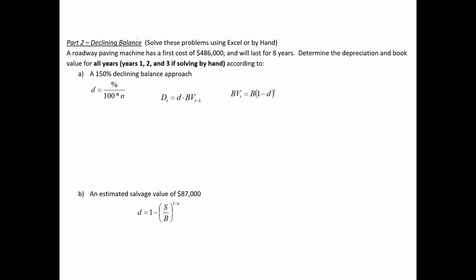With those two different approaches, we want to know what the depreciation, the big D, is for each of years 1, 2, and 3, and also what the book value is for each of those years. You're going to have to do it one at a time to calculate the depreciation, because it depends on the book value from the previous year.